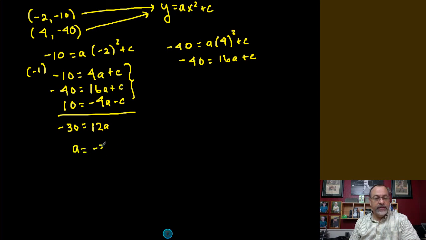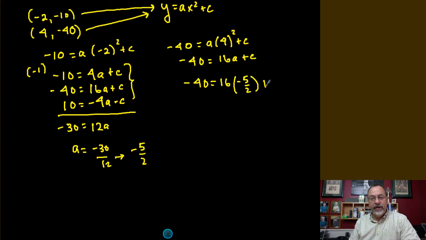So a then is equal to -30 over 12, which simplifies to -5/2, dividing both by 6. I now know what my a is. I can then substitute this back into any of these equations that I have to determine the c value. I'm going to substitute it in here because I have more room over here.